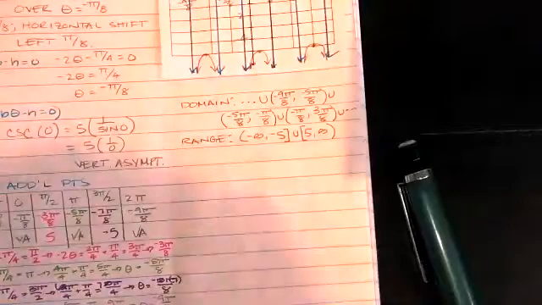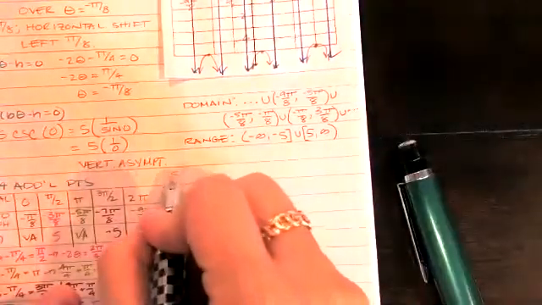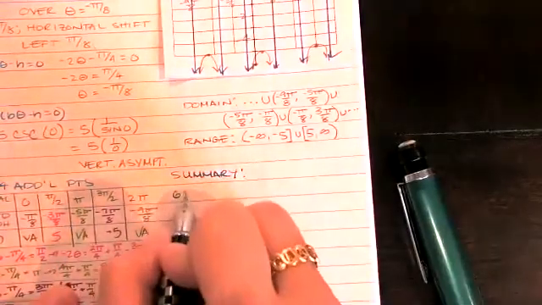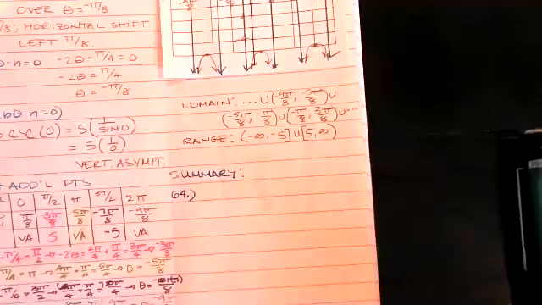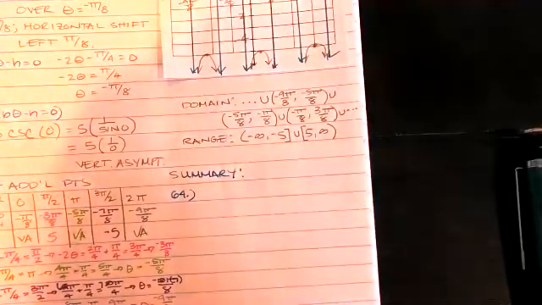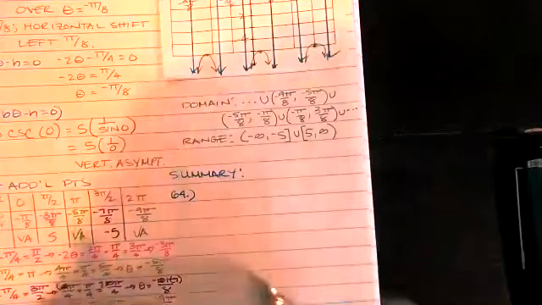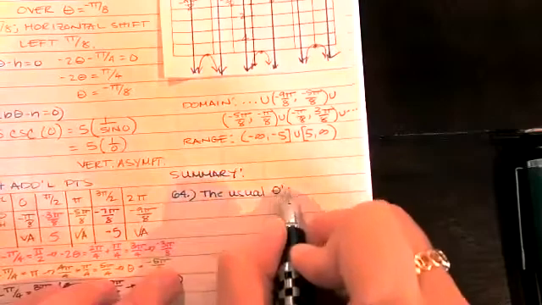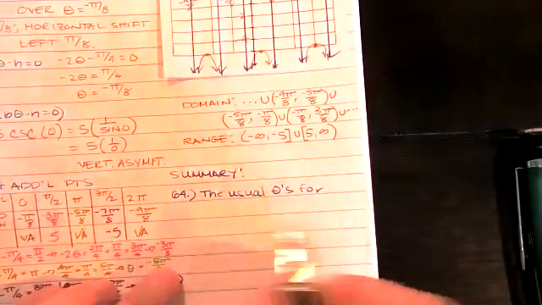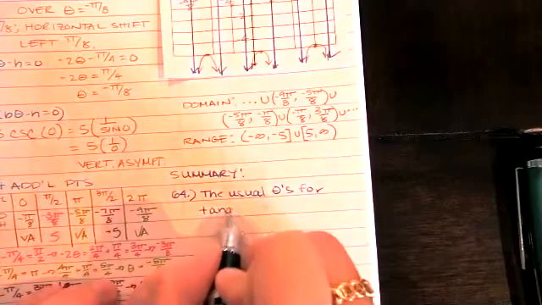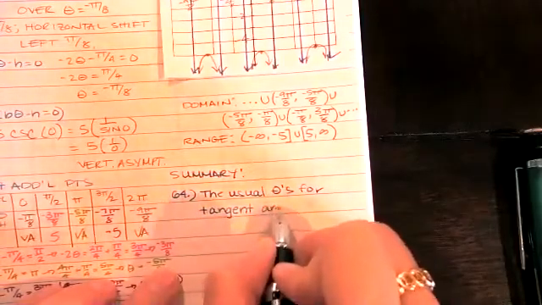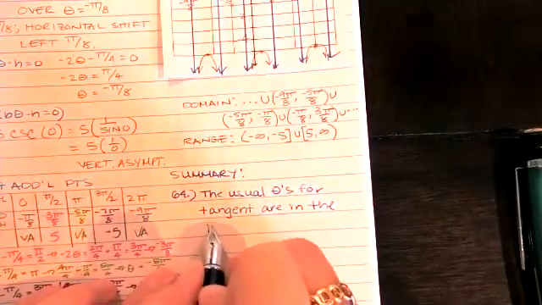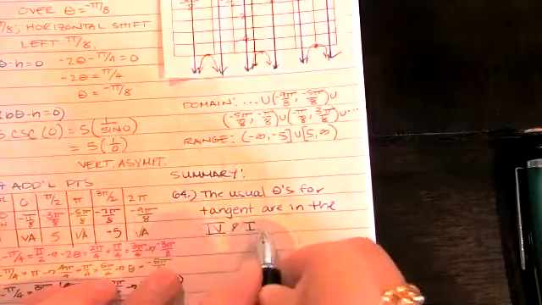Let's see, so question 64. Question 64 says, what quadrants are the usual thetas in for each tangent and cotangent? So the usual thetas for tangent are in the fourth and first quadrant.